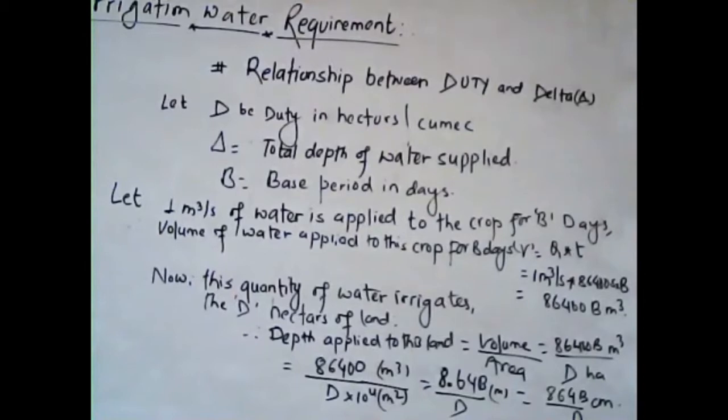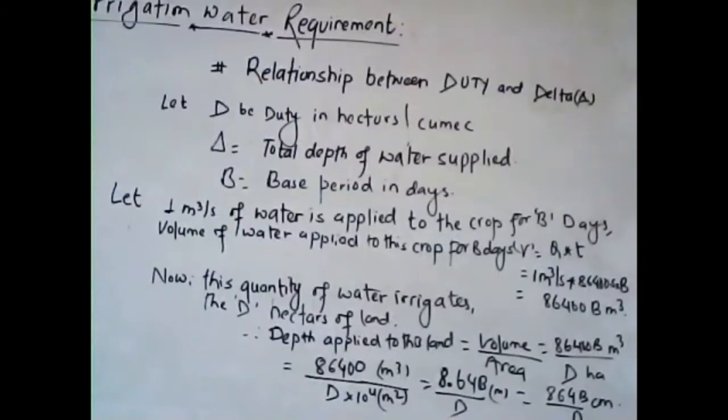Now we shall determine the relations between them. So let 1 cubic meter per second be the water applied to the crops for the B days. So we are assuming for B days 1 cumec is the water applied to the crop. This is the discharge Q, and from discharge we can easily determine the volume. So the volume of water applied to the crop for this B days period, capital V, equals discharge into time taken.